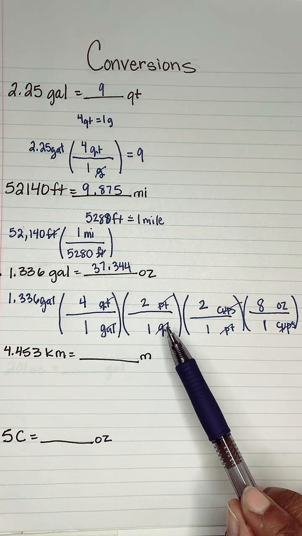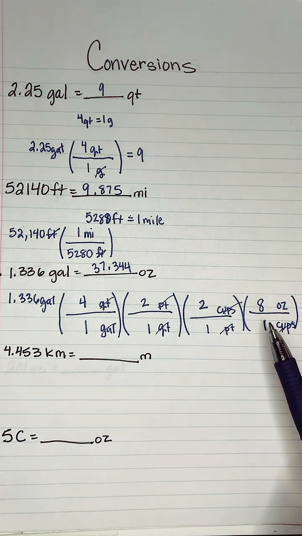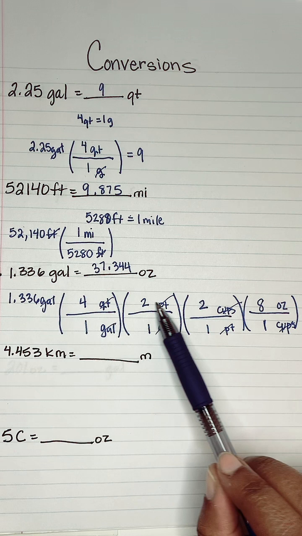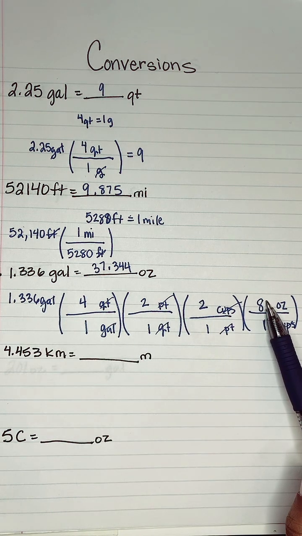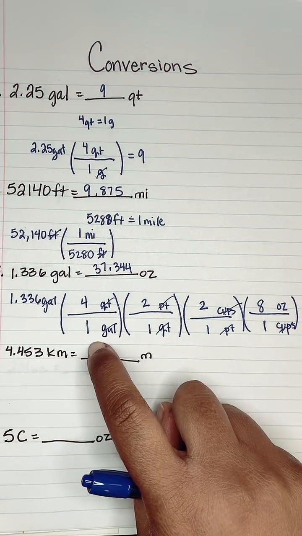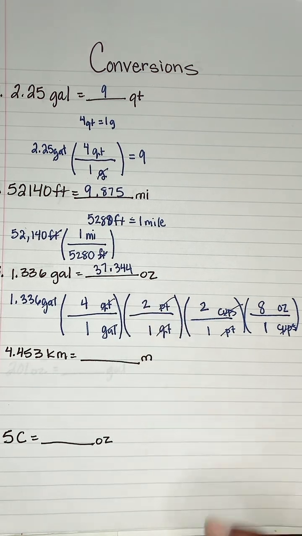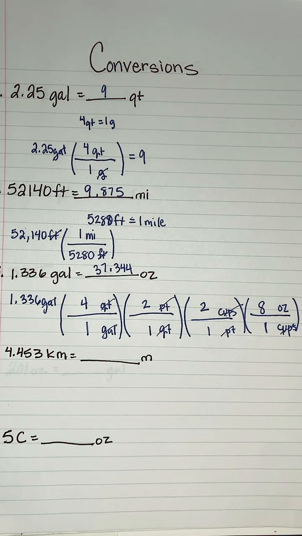There's 1 quart equals 2, 1 pint to 2 cups, 1 to 8. When they're all on the numerator, you have to multiply. So it depends on what you're starting with and where you're trying to end up, if that makes sense.